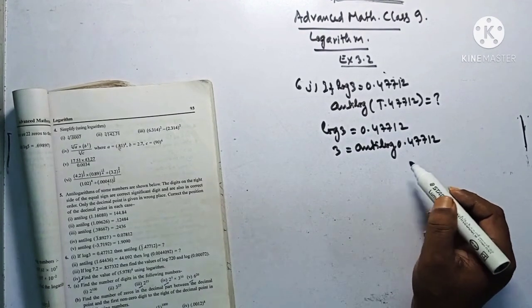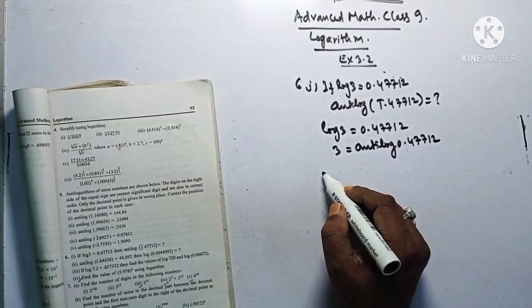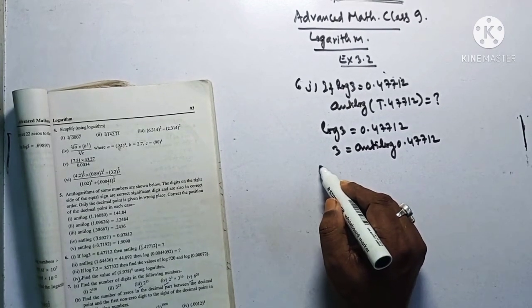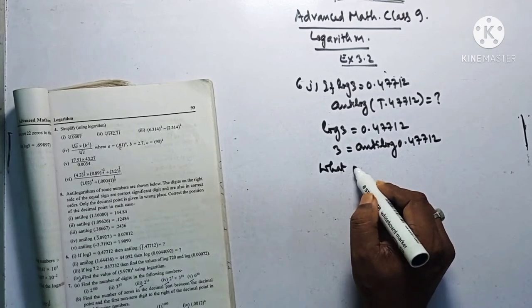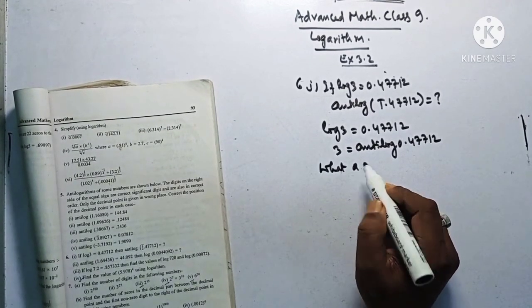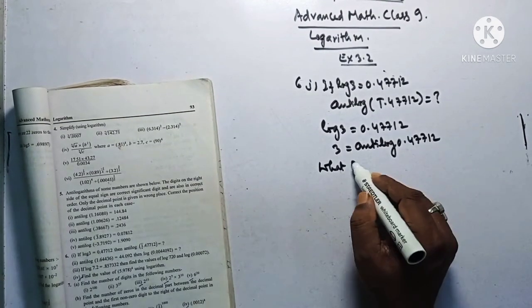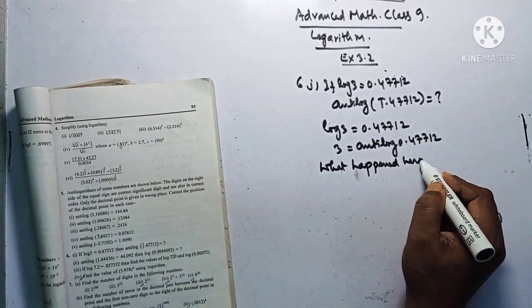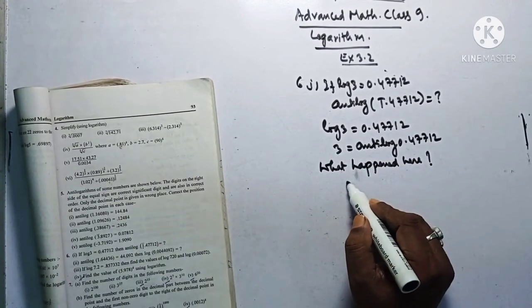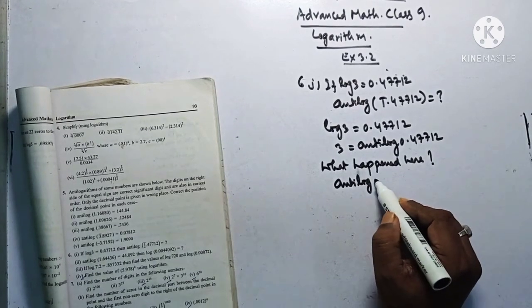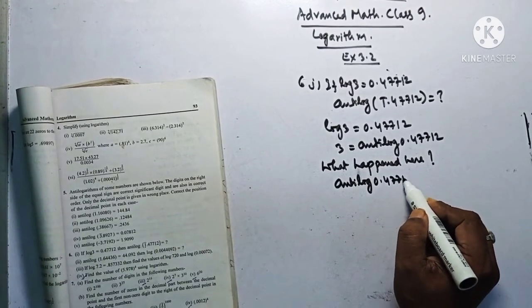That means what actually happened when you were finding antilog of 0.47712?